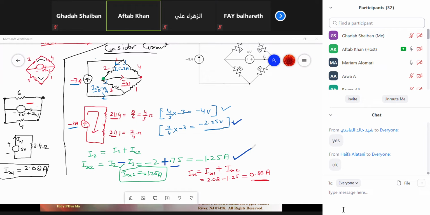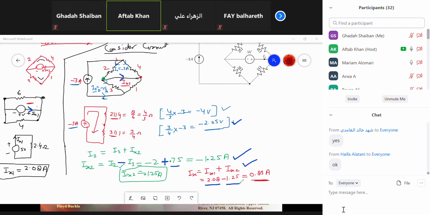Now in both cases, we consider the direction of current flow left to right. So I will write a simple formula: Ix is equal to Ix1 plus Ix2. Whatever the value, just keep it here, 2.08.